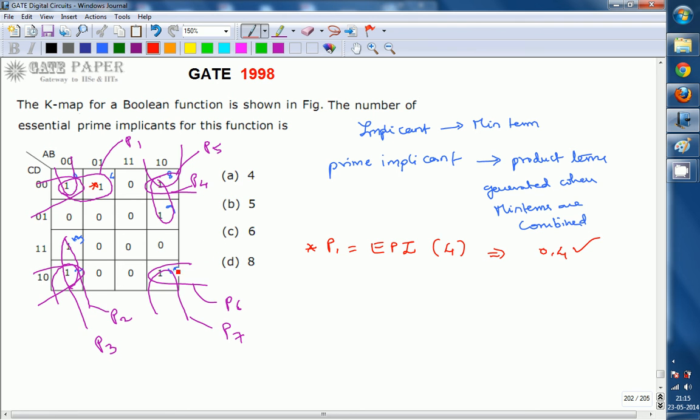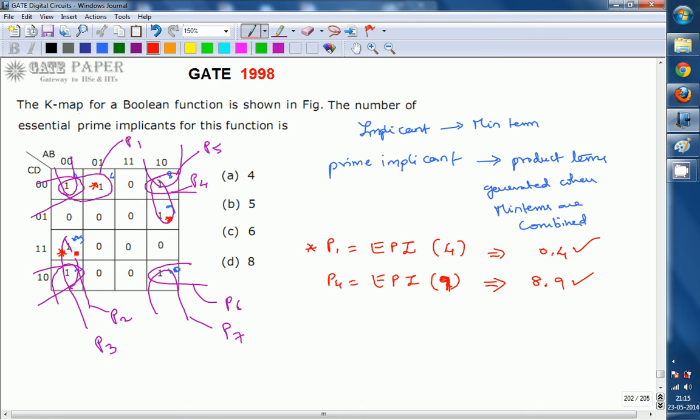Next, this one is covered only by P4, so P4 is an essential prime implicant, because the ninth minterm is unique to it. Whenever you cover it in your final expression, cells 8 and 9 are covered.